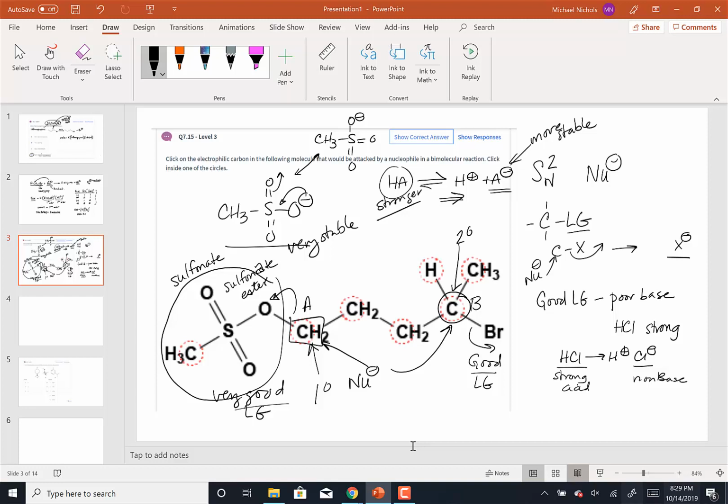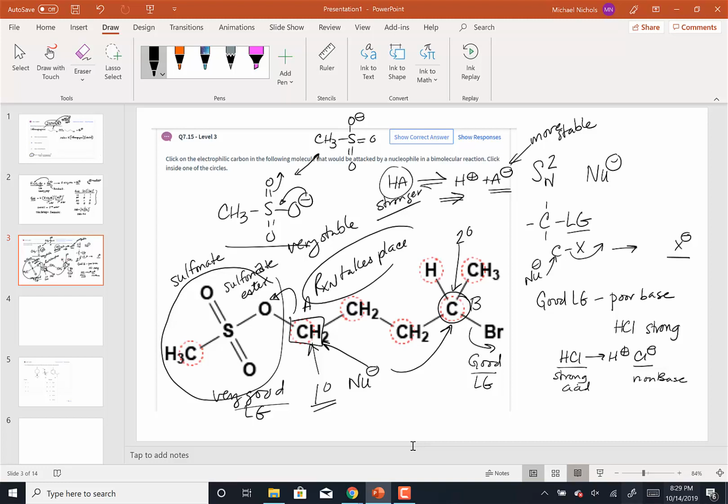And so, in this case, the nucleophile attacking the carbon and kicking off the leaving group is going to go faster when there's less steric hindrance around that carbon group. And so in this case, the primary is going to react faster than the secondary. So A is where the reaction will take place.